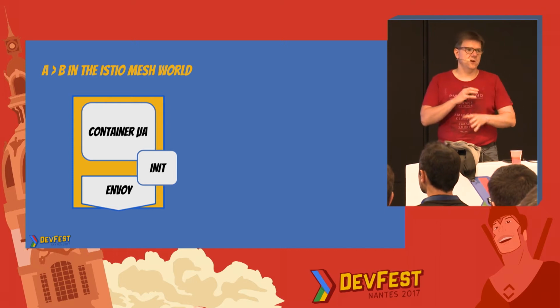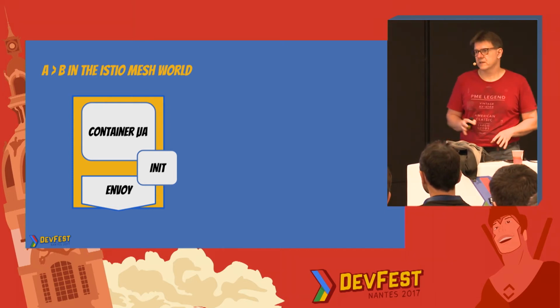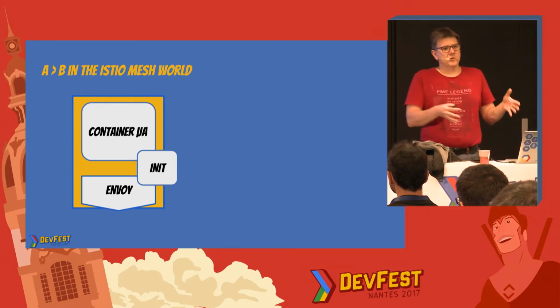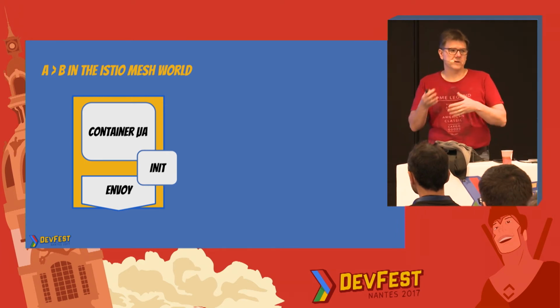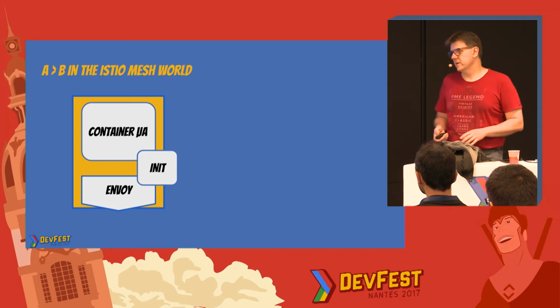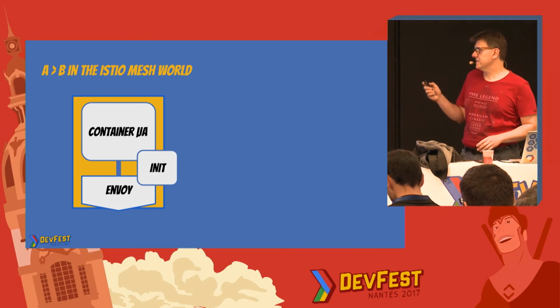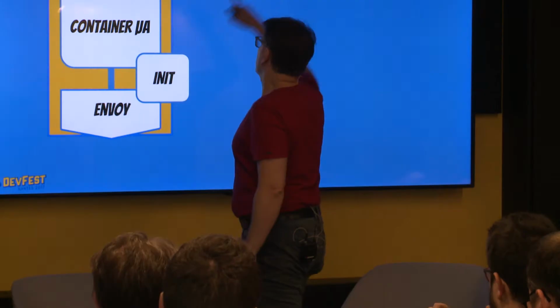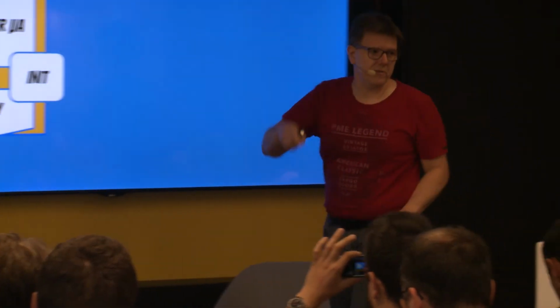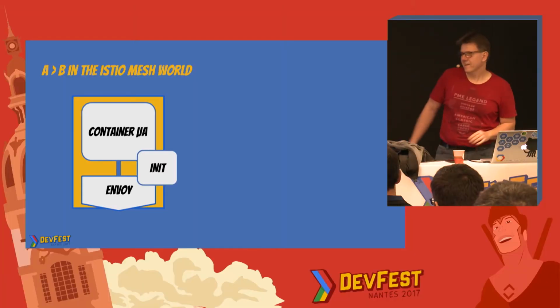It does a lot of iptables magic. iptables on Linux is a way of firewalling and rerouting network calls. It says, normally you do a call to B or C or whatever. No, what it does is say every network call just goes to Envoy magically.